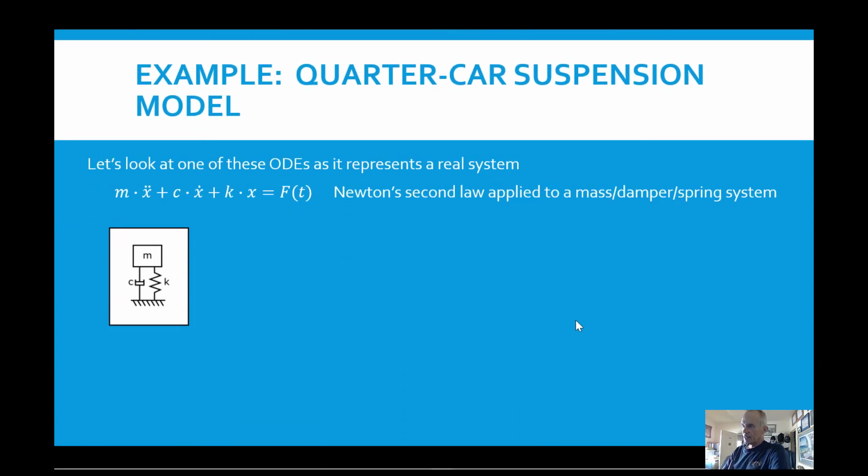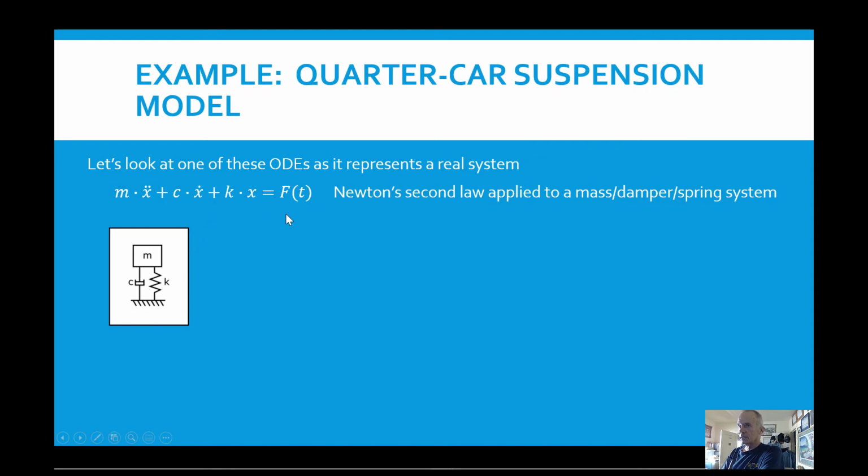Let's look at one of the examples, and this is of a mechanical system. I'm a mechanical engineer, and so this is one of my favorite, well, it's sort of the archetypal example for a mechanical engineer. And we're going to look at this MCK system as a quarter car suspension model.